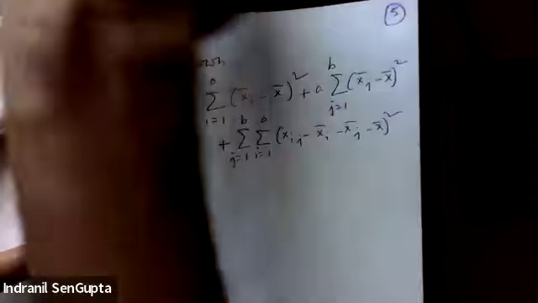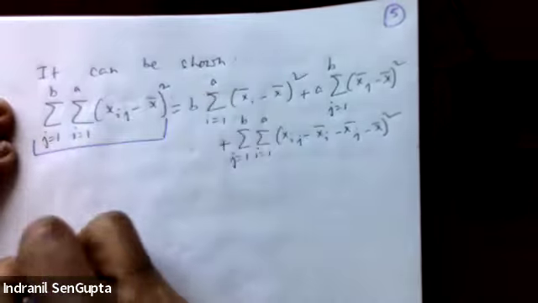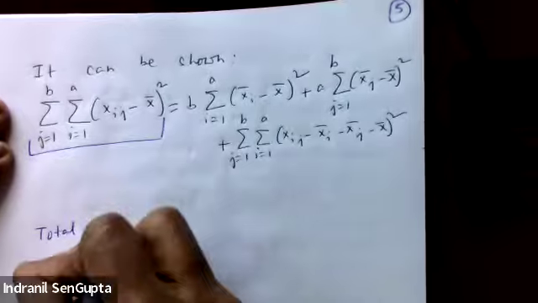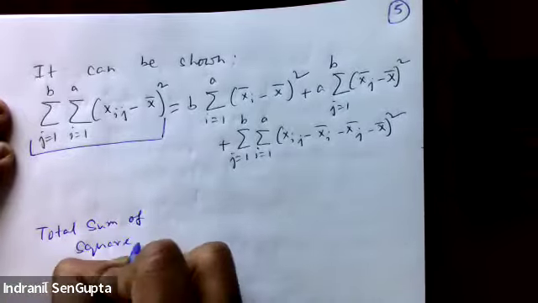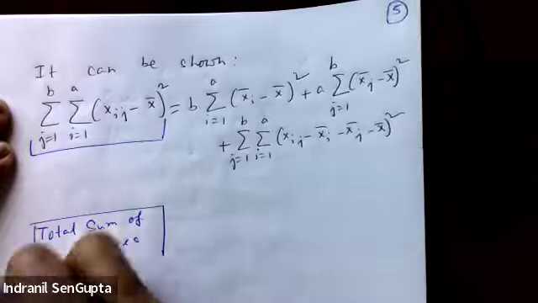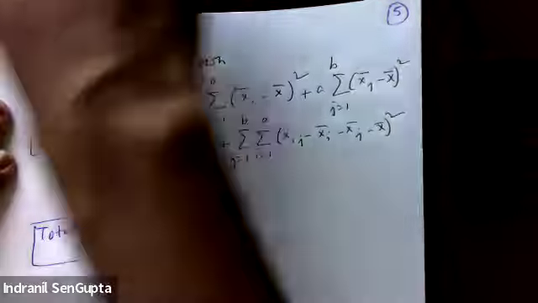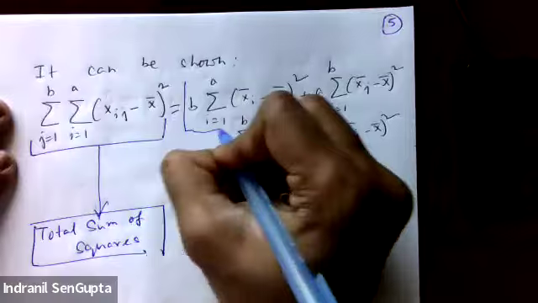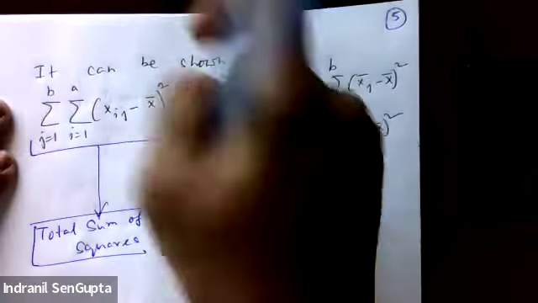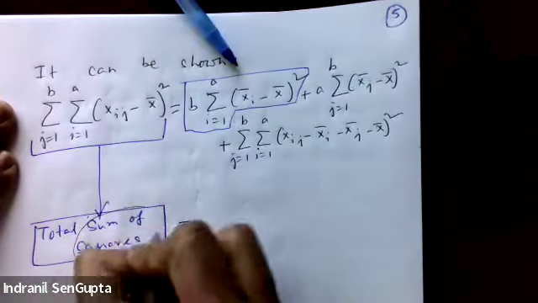Now, the way we understand this is that this quantity is the total sum of squares. If you recall, sum of squares we denote by SS.